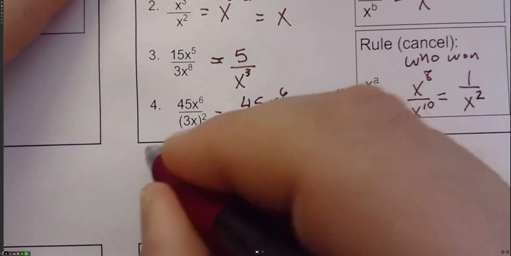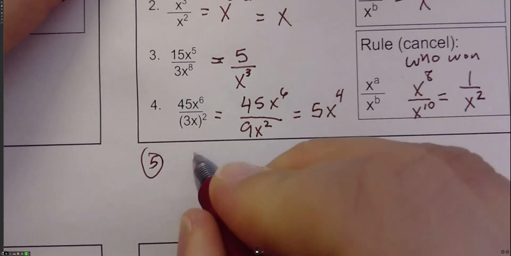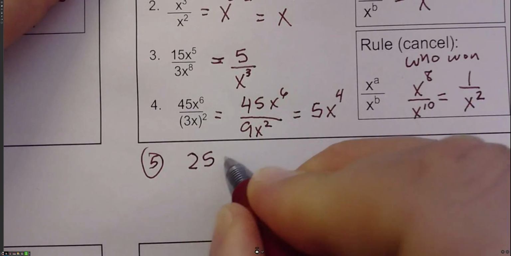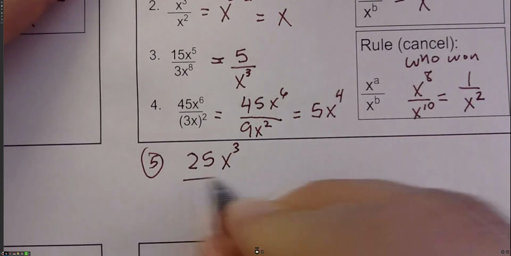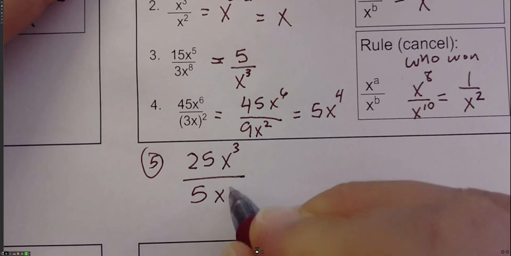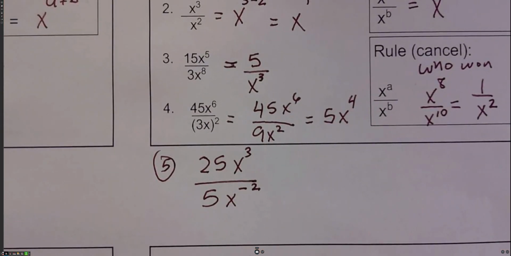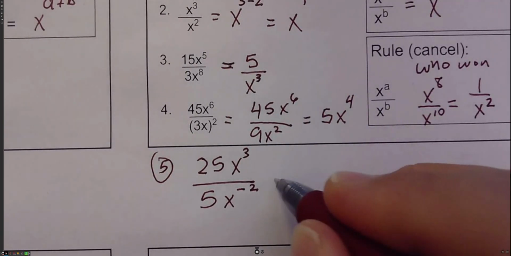I'm going to throw in one more here because it's on the homework. So what happens if we have, say, 25x to the 3rd over 5x to the negative 2? The top wins. The top wins by how much? 5. So there are 2 ways we can look at this.